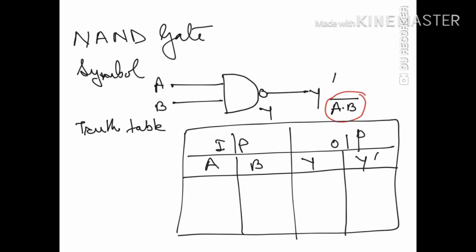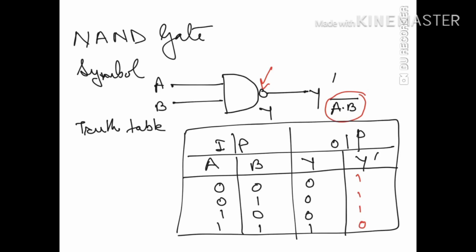So now the condition remains the same: 0, 0, 0, 1, 1, 0 and 1, 1. Now for the AND gate, what do you get? 0, 0, 0 and 1. But here the sign is of inversion. That means now it will be inverted. 0 will become 1, 0 will become 1, 0 will become 1 and 1 will become 0.